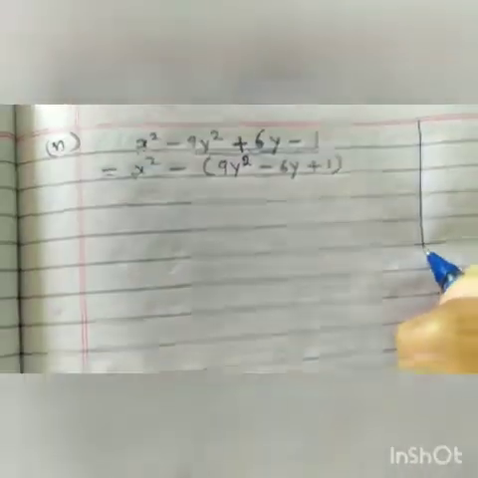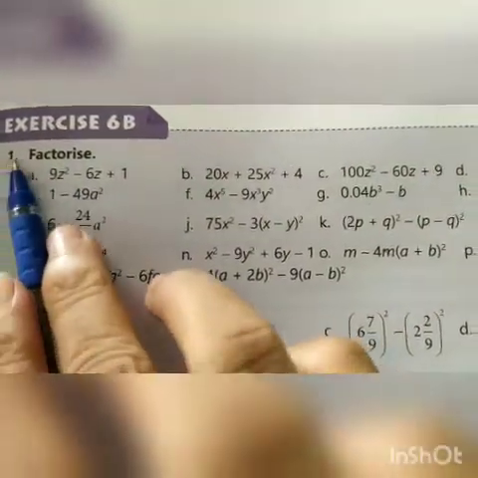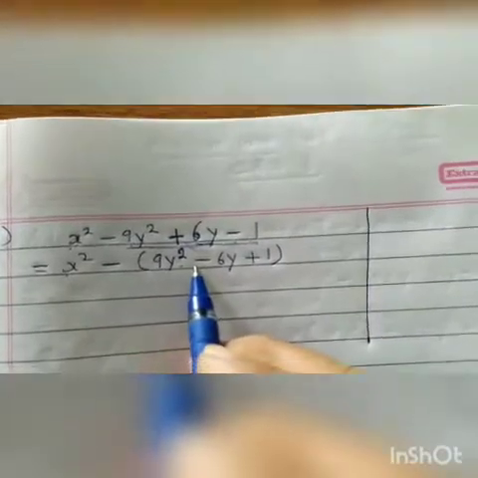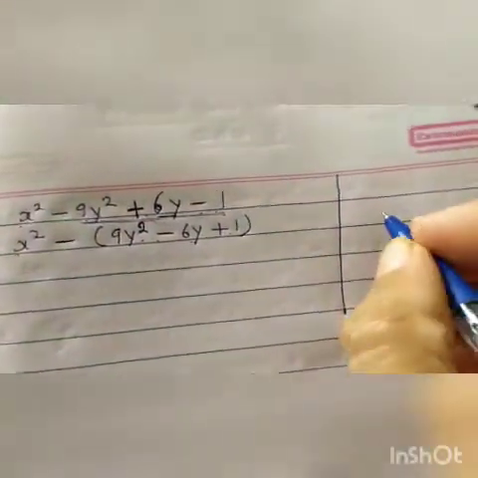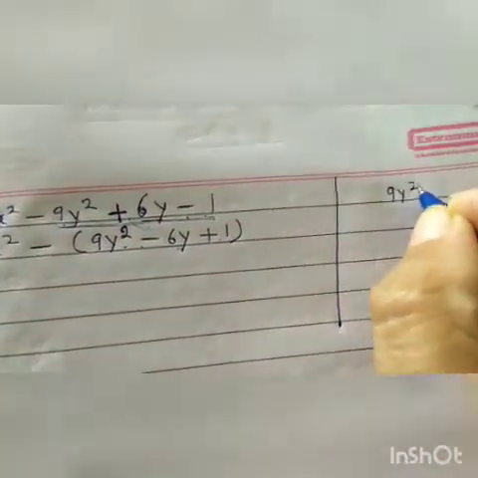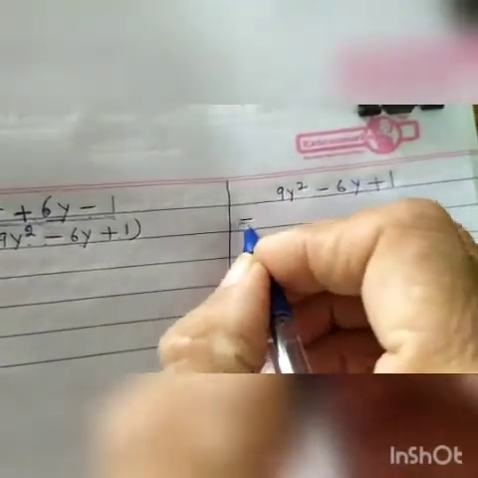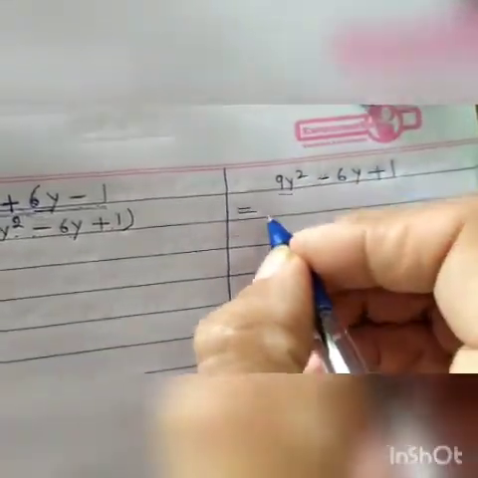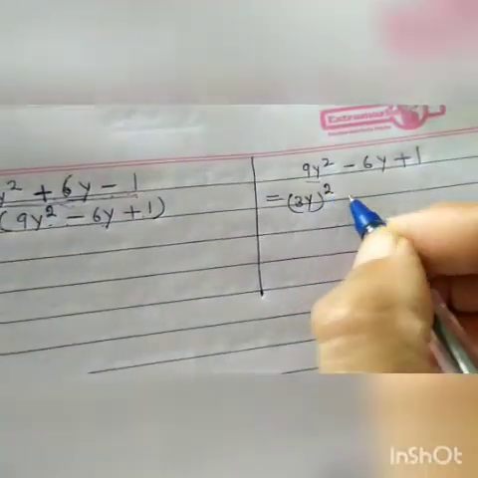Now see, as I explained in question number 1a, first we will factorize this 9y square minus 6y plus 1. How will we factorize this? This 9y square is the square of 3y, so (3y) whole square.